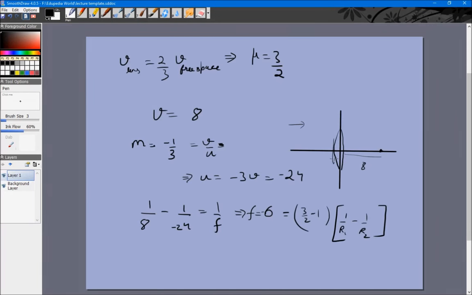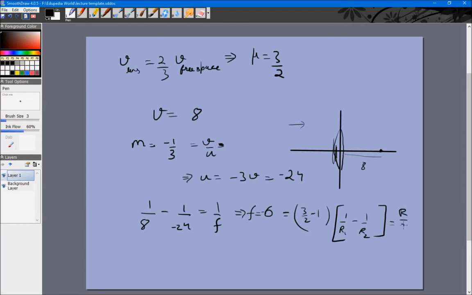Now if this is the plane surface and this is the curved one, then we have 1 by infinity, because this is the plane surface, minus 1 by a negative number. So we still have 1 by r. If this is curved and this is plane, we have 1 by r minus 1 by infinity. So both of them give the same thing, 1 by r, and this is half.